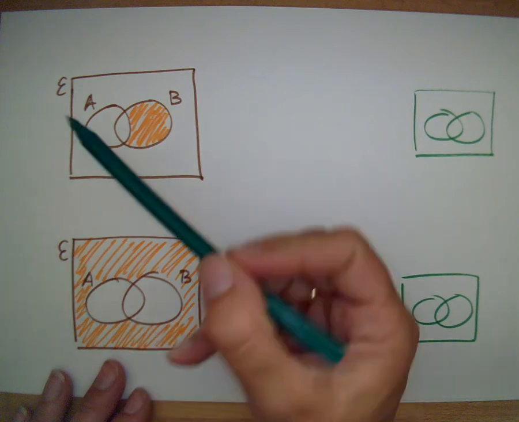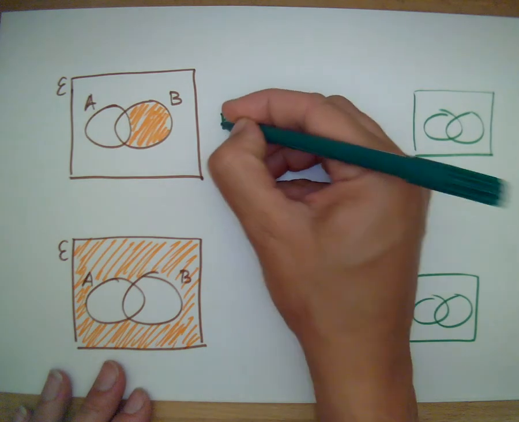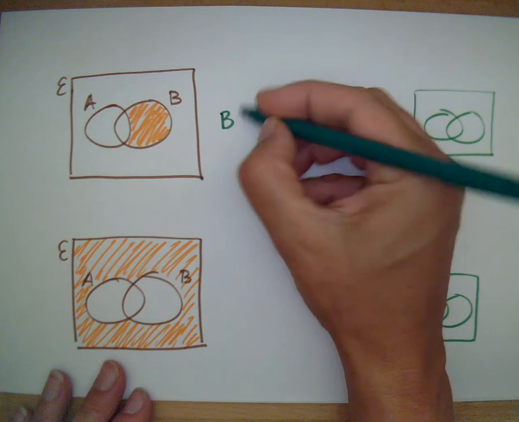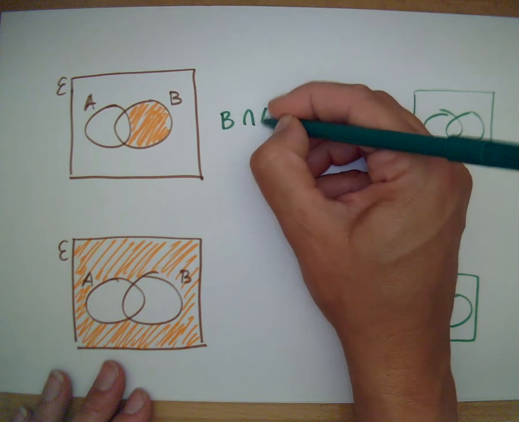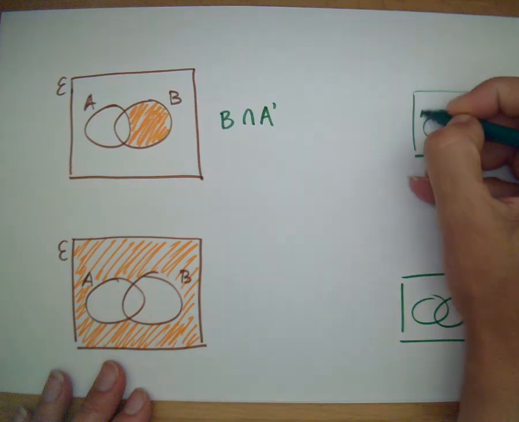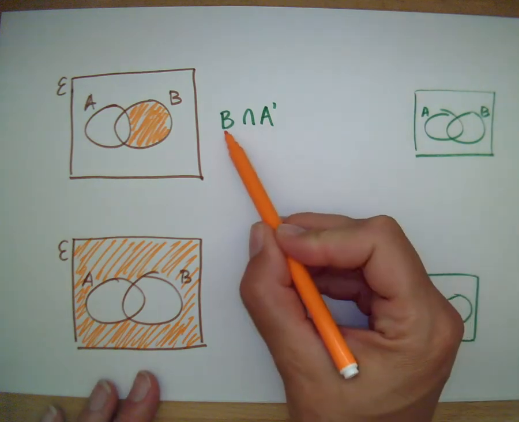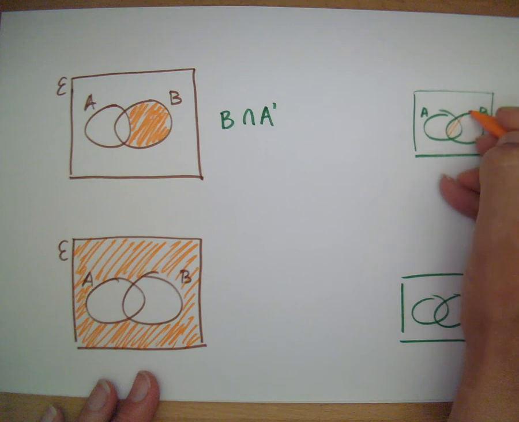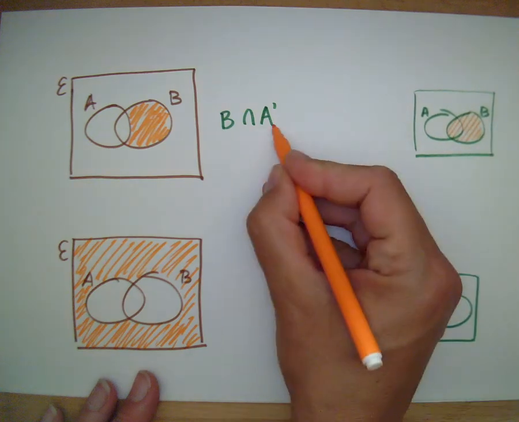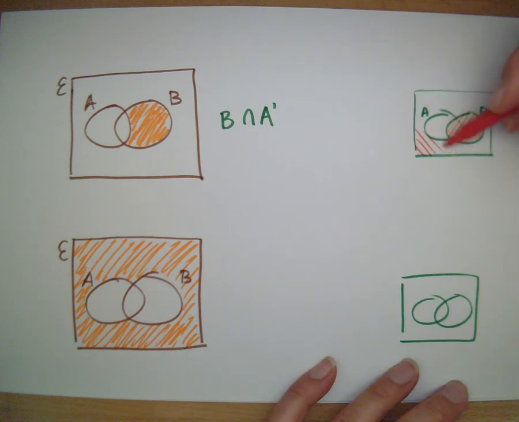And if we look carefully, we notice that it's really B, but at the same time not inside A, right? We could check our answer by using this mini version of the diagram where we first shade all of B, then we shade the complement of A, which is everything outside of A, right?